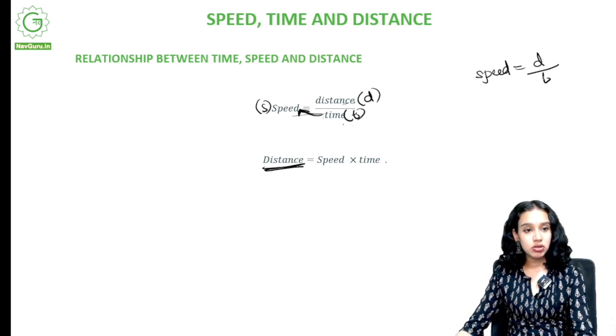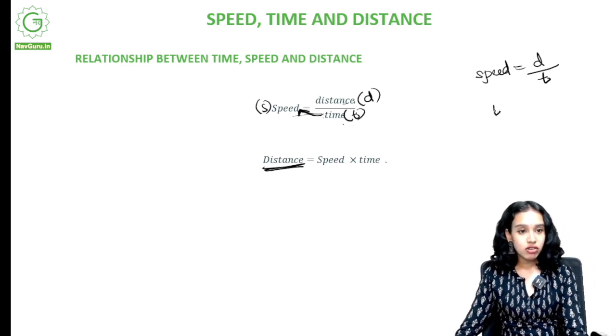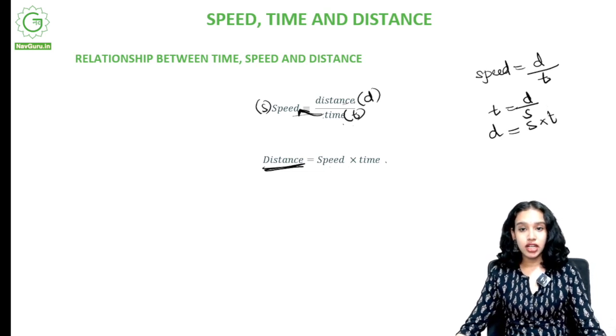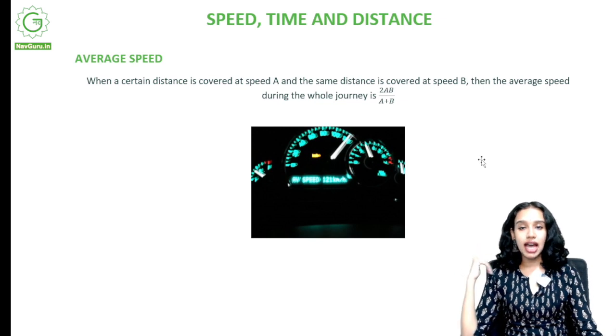So speed is equal to distance by time, right? Now time is equal to distance by speed, right? Now what is distance? Distance is equal to speed into time. Got it? Now let's talk about average speed.